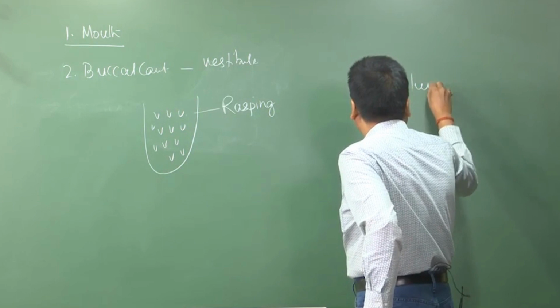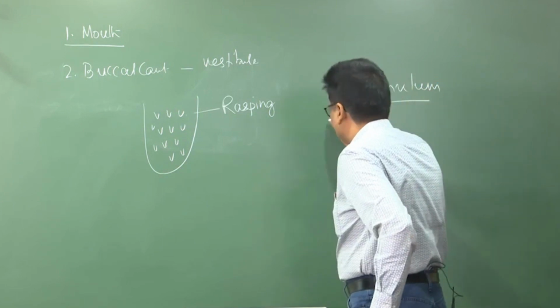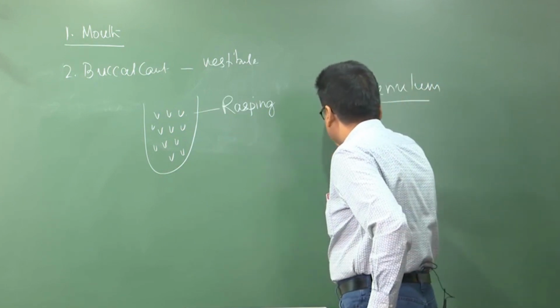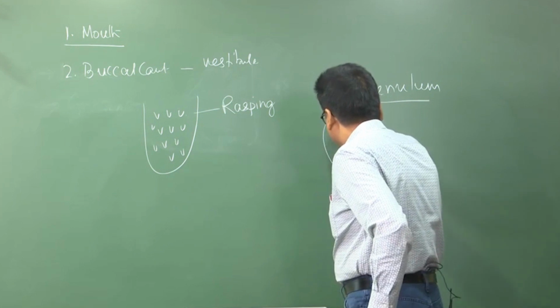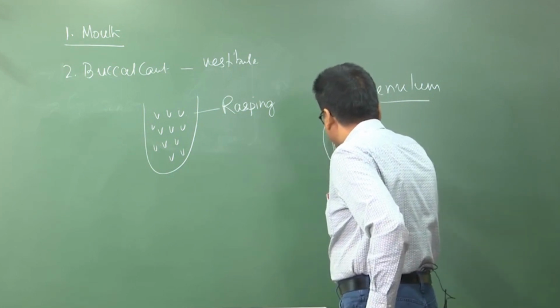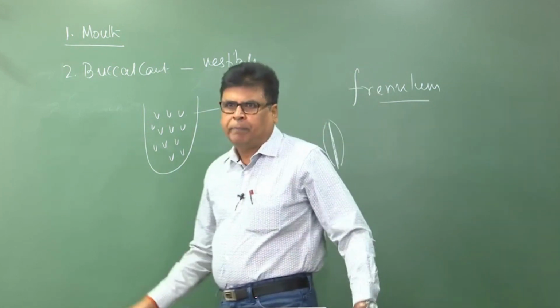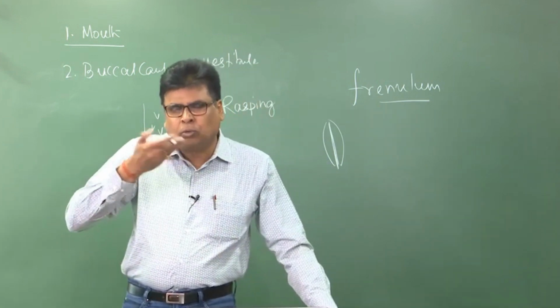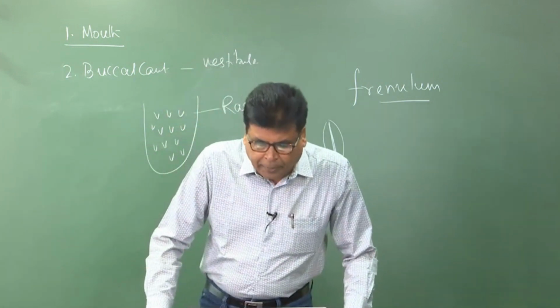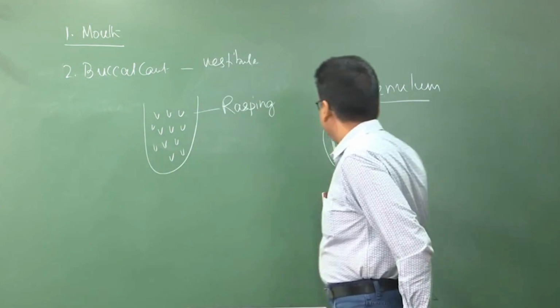If this is the tongue, then this is the median part. This median mucous membrane becomes folded at the lower part of the tongue, and that part forms a median fold.